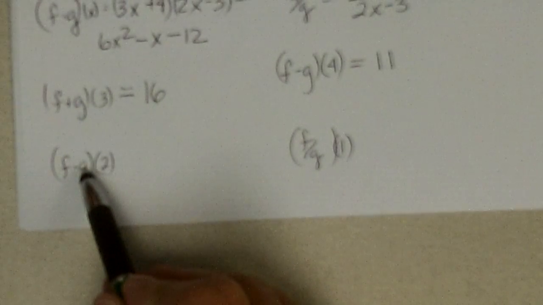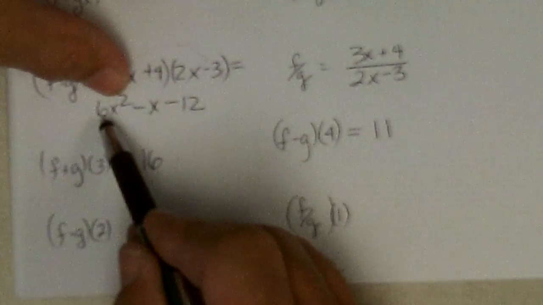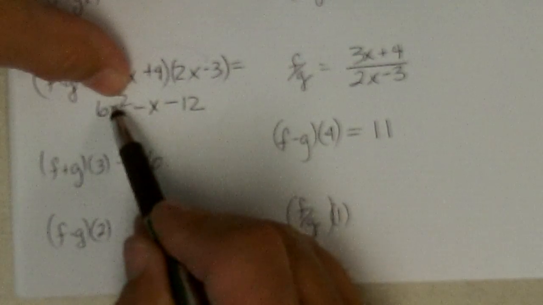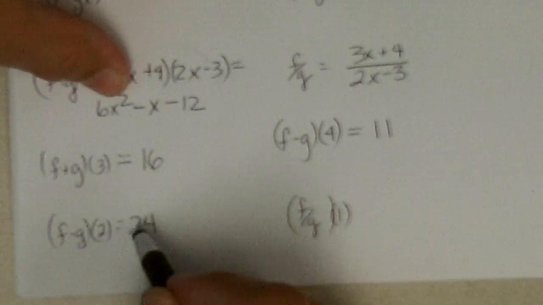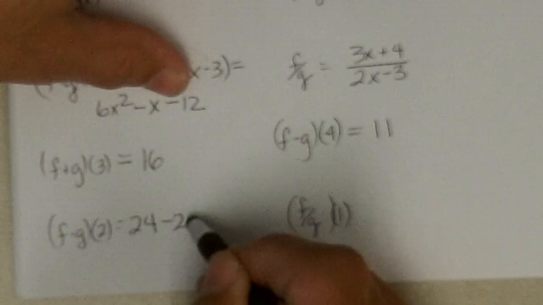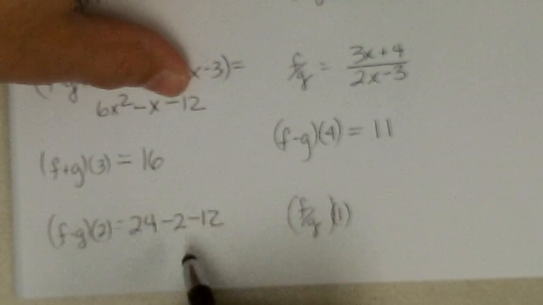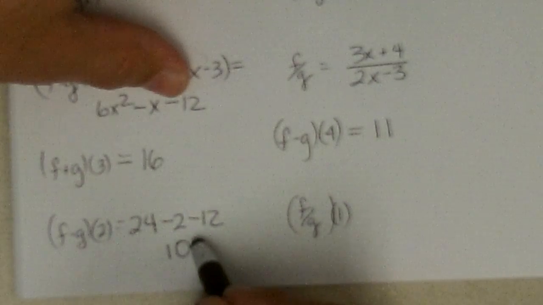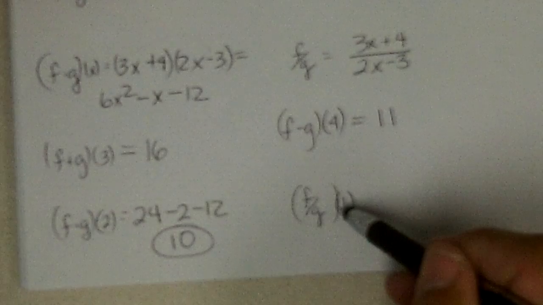And f times g of 2, f times g looks like this, so 6 times 2 squared, 2 squared is 4, times 6 is 24, minus x, minus 2, minus 12, so that's 24, 12, 10. And divide at 1.